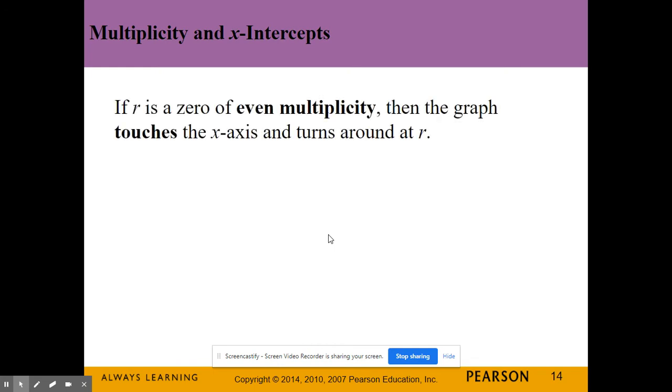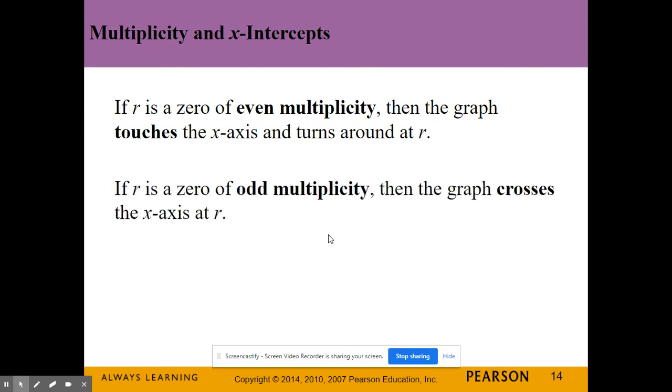So if r is a 0 of even multiplicity, then the graph touches the x-axis and turns around at r. That's what we saw at negative 2 in the previous example. If r is a 0 of odd multiplicity, then the graph crosses the x-axis at r. That's what we saw at positive 2 in the previous example.